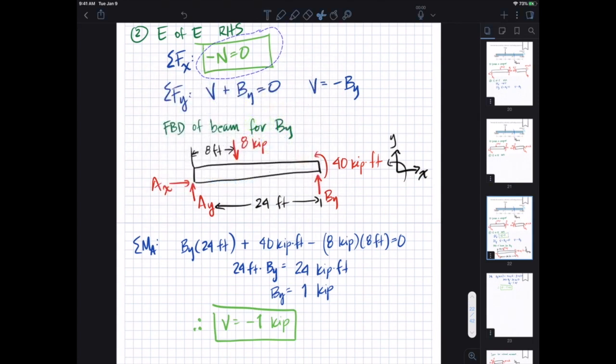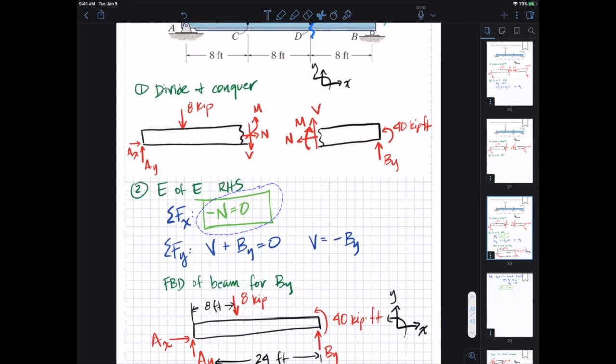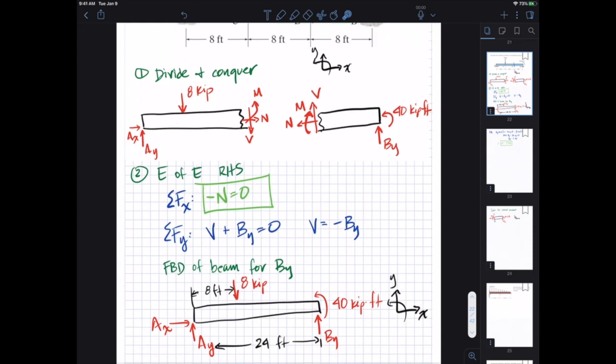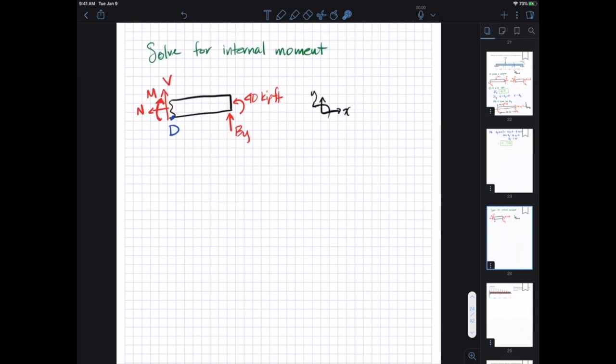And now how do we get our last step? Come back to the free body diagram of the right-hand side again. I think I have it set up. We'll come back here to this free body diagram again, the same one we've been using for these two equations, and now solve for the moment.